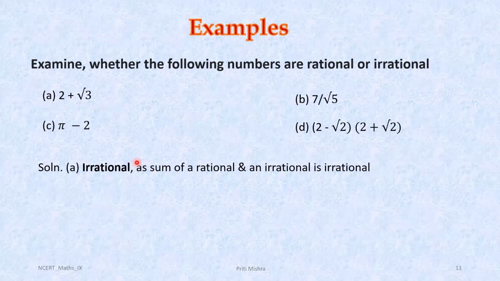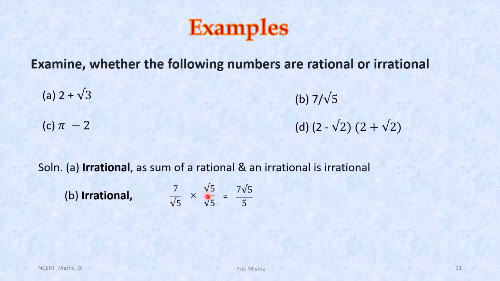So 2 plus root 3 is an irrational. In B, we are having the number 7 by root 5. This will be an irrational number. We can rationalize the denominator here just by multiplying this irrational number in numerator as well as in denominator. And as a result, we are having 7 root 5 upon 5. This is an irrational number.